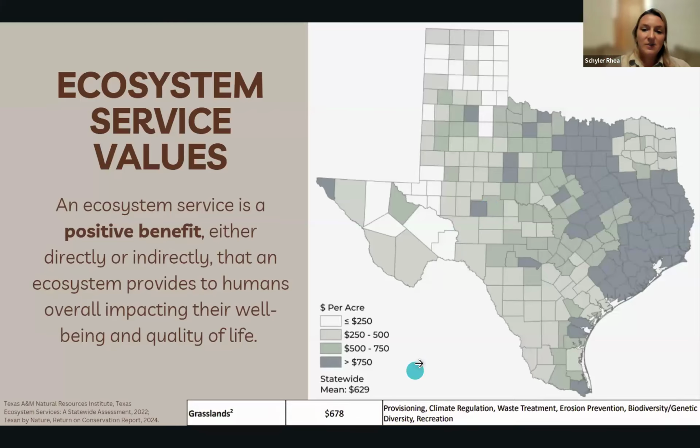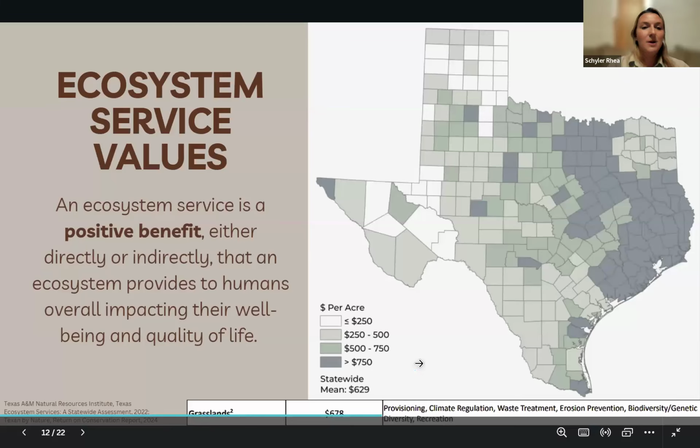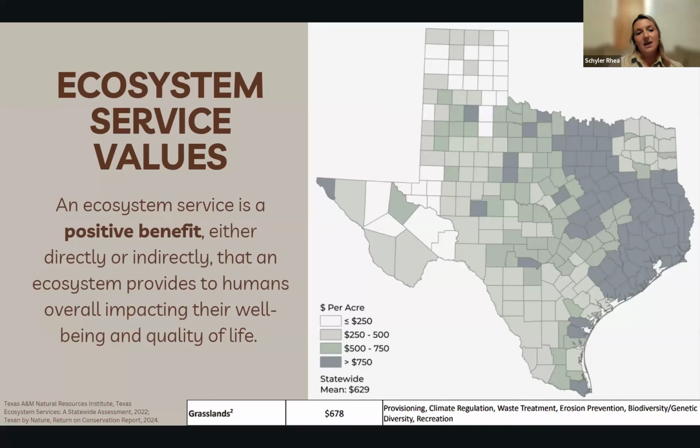So, ecosystem service values. An ecosystem service is a positive benefit that directly or indirectly impacts the well-being and quality of life of an individual. So for those who aren't too familiar with what this means, basically we can value an ecosystem by these benefits that they provide.